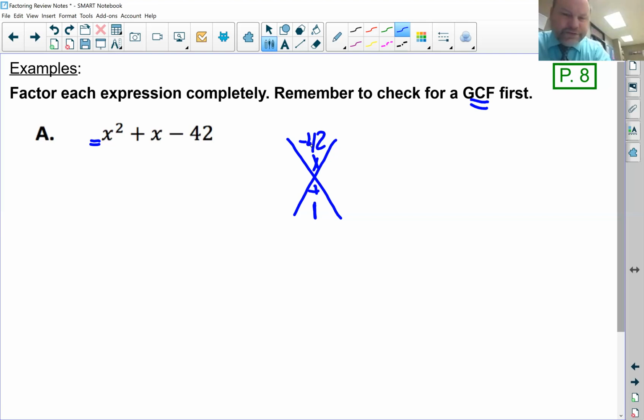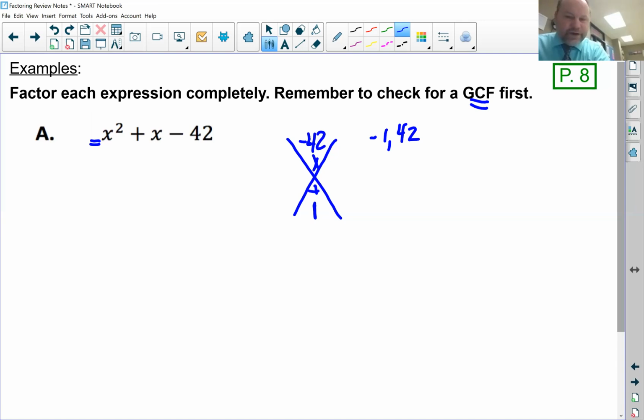I'm amazed at how many students think, oh, 42 and 1, but negative 42 plus 1 is not positive 1, okay? You can start with that one. Again, the larger factor has to be the positive one.